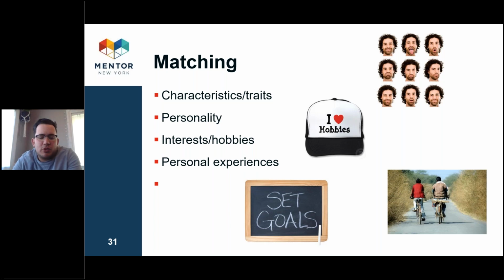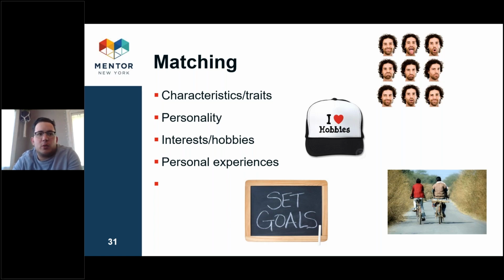I think sometimes programs can get really caught up in focusing on things like race or gender, or, oh, hey, this mentee said they really want to be a lawyer. This person's a lawyer, let's match them there. Those things tend to be less important unless your program is specifically focused around them, right? If you're running a mentoring program specifically for young men of color to explore their cultural and racial identity, then yeah, sure, you want to have mentors in place that reflect that.